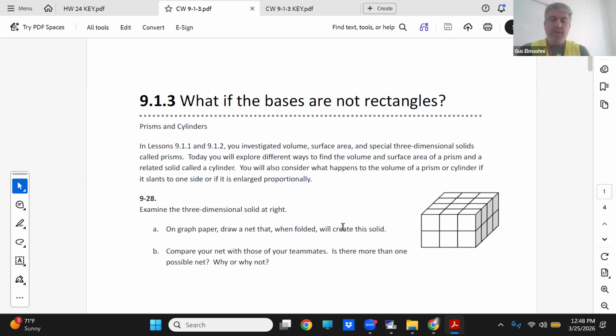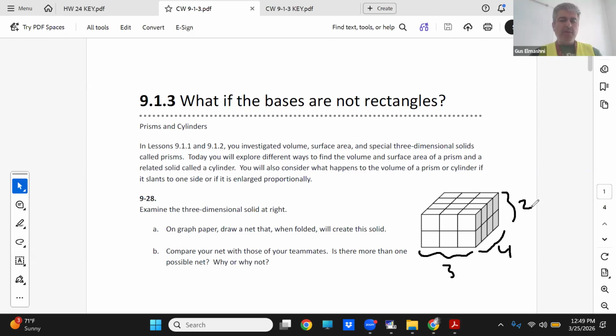So let's look at 9-28. Examine the three-dimensional solid at right. On graph paper, draw a net that when folded will create the solid. We don't necessarily need to do that. I think you guys know how the net would look, so I'm not too worried about it. But let's consider the dimensions. How wide is this going to be? How deep does it go? How high does it go?